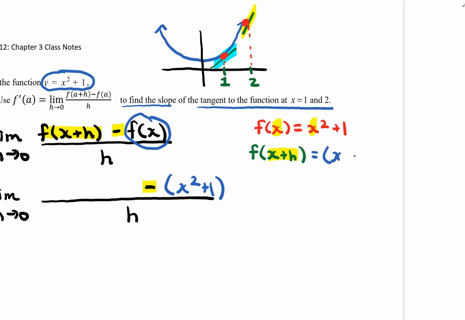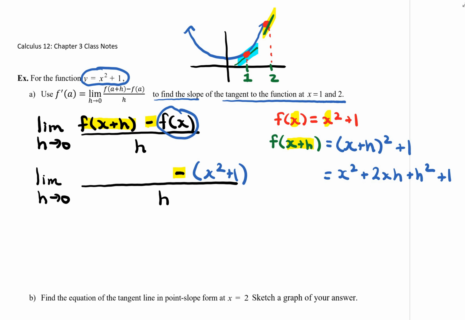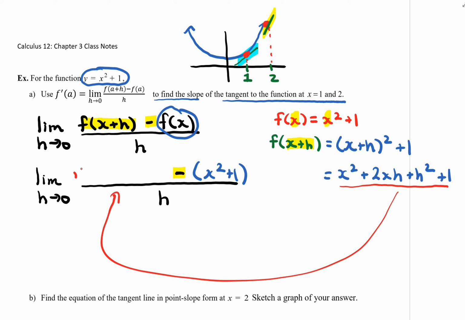So this will be x plus h squared and then plus 1. And then if I expand that, this will be x squared plus 2xh plus h squared plus 1. So this part right here is really f of x plus h. So I'm going to just plug that over here now. So this will be x squared plus 2xh plus h squared plus 1.